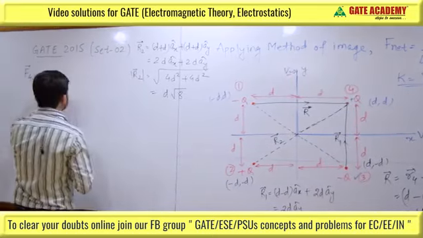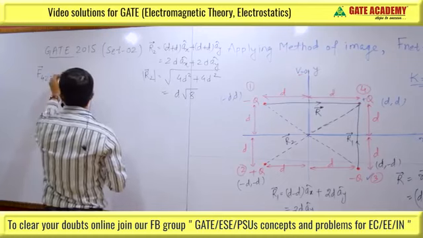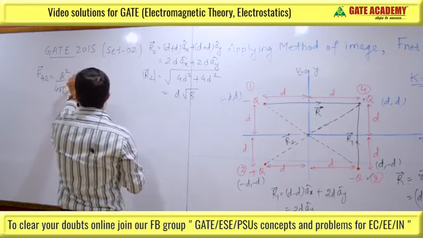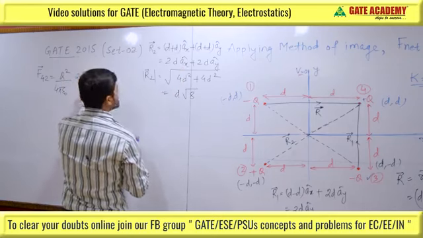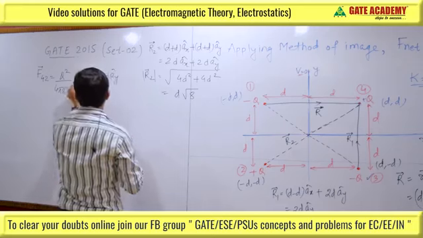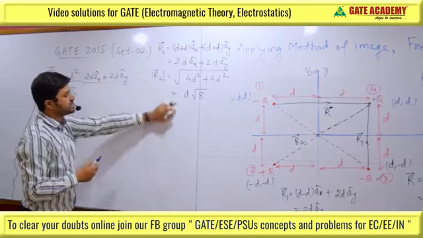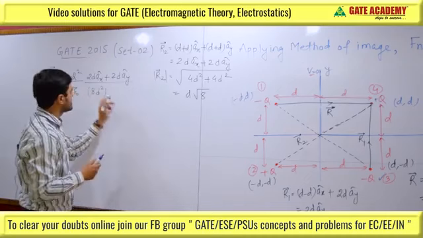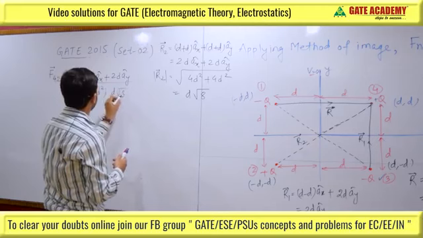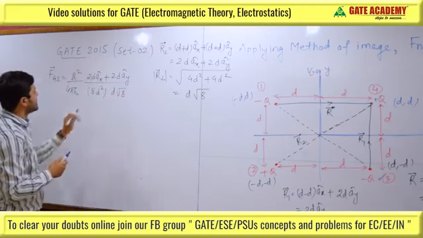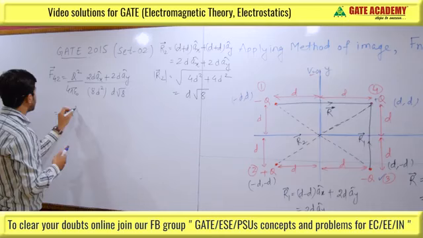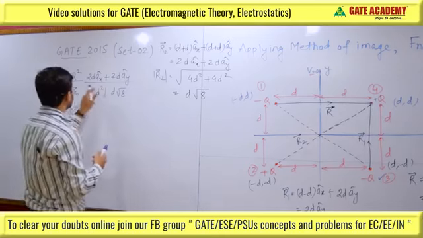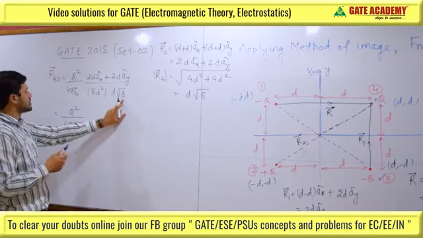So force will be, both are positive charge, so this is q square upon 4 pi epsilon naught. This is 2d ax cap plus 2d ay cap divided by its magnitude squared. So its square will be 8d square, and its magnitude, that is d into root 8. So if we take d common, this will be q square upon 4 pi epsilon naught, and this d and d will get cancelled, and this can be written as 2 root 2.